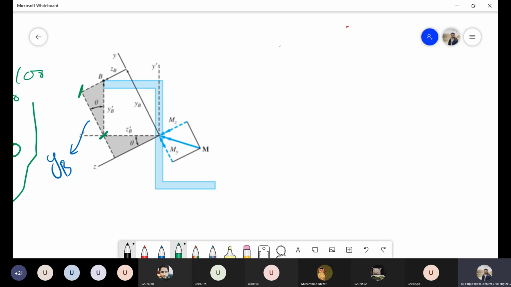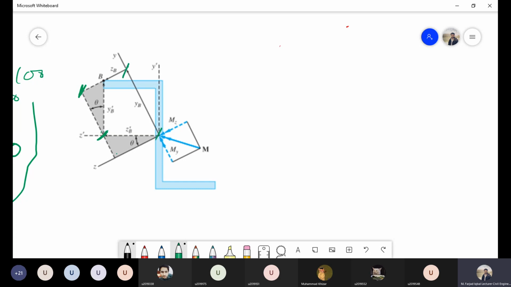What will be this length? This will be sir YB sir, the inclined one. No, YB is this total length. Sir, YB dash cos theta. Okay, this is making things confusing. This YB is the total length.